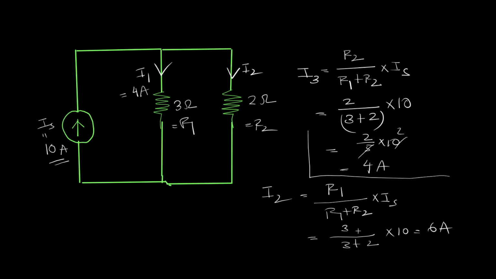Okay, so current flowing through the R1 is 4 ampere. Okay, and the current flowing through the 2 ohm resistance, which is R2, that means I2, it is 6 ampere. So in this way we can easily find out the current flowing through each resistor.